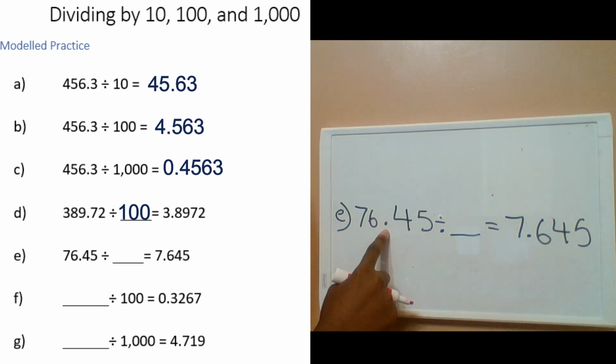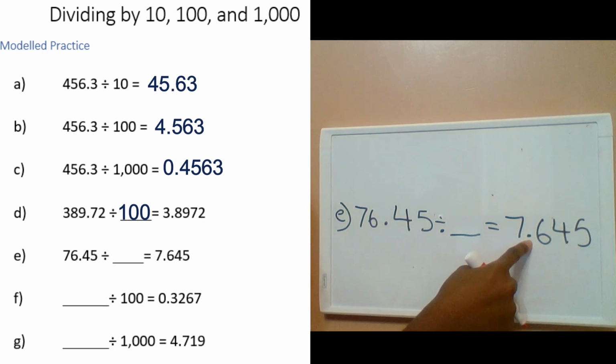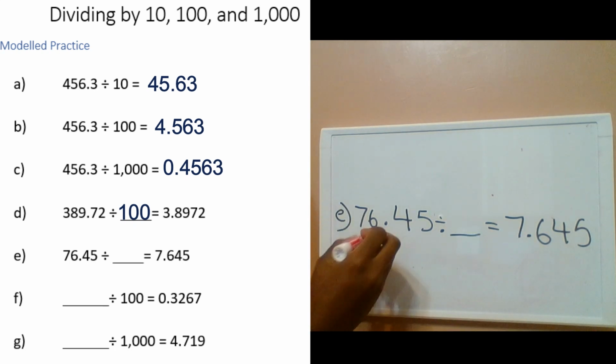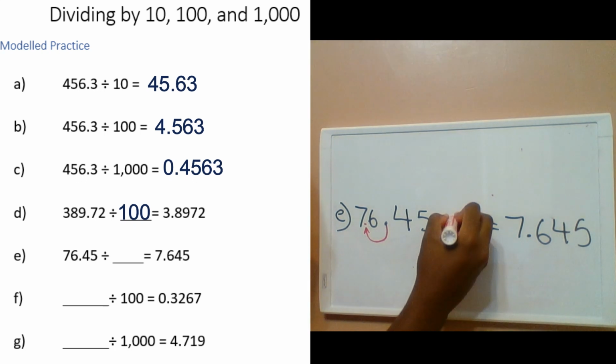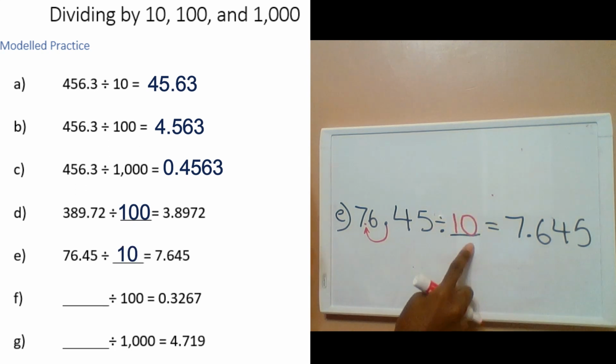So it went from appearing behind the 6 to now appearing in front of the 6. So let me just see how many times it jumped. It jumped only once. If it jumped only once, that means that my number has only one placeholder. So my answer is 10 because that has one placeholder.